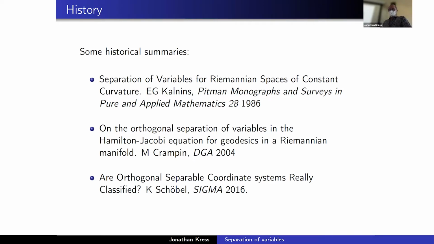Ernie Calhoun wrote a book in 1986, which essentially collected together results that he and Willard Miller had been working on in the 1980s on separation of variables. It starts with a bit of an introduction for what was already known. So there was already most of the machinery there from Eisenhart and people like that.